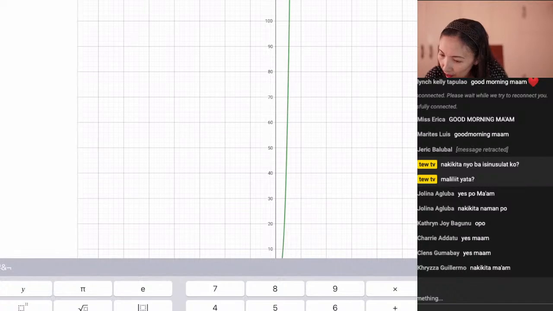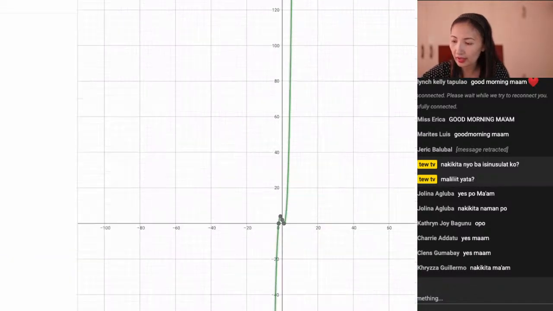Those who have GeoGebra with them, please do the same, and you'll find that the graph really looks like this.